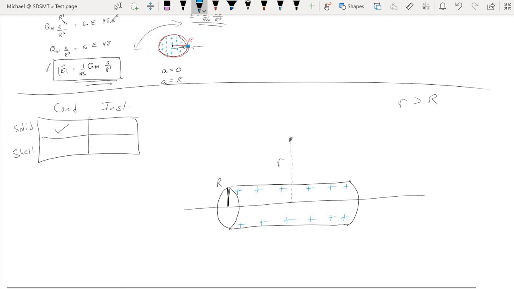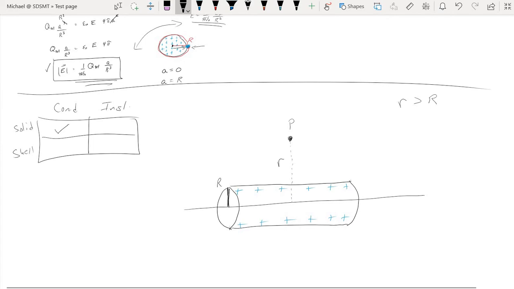And we'll go ahead and let that point in space be above the midpoint of the cylinder. About now, we should be asking ourselves, well, this looks really similar to the line of charge. Can we assume the cylinder to be like a line of charge?